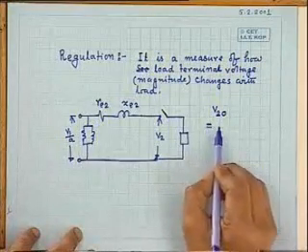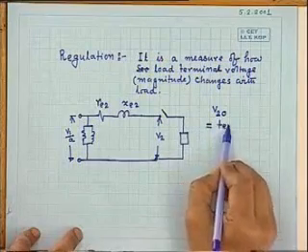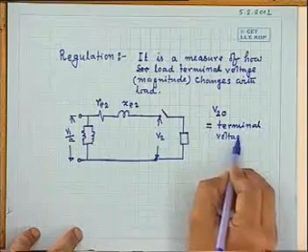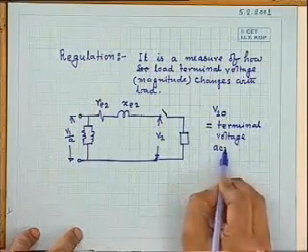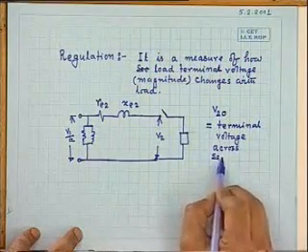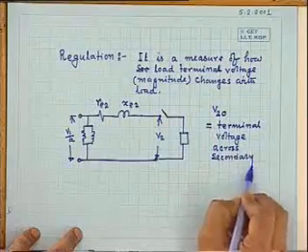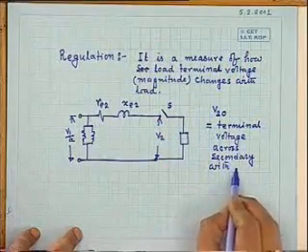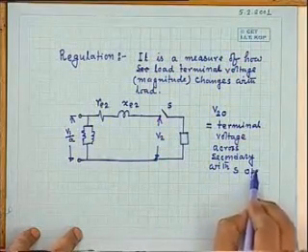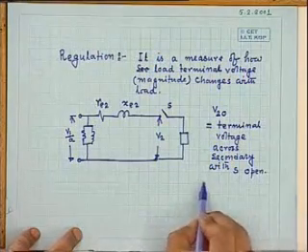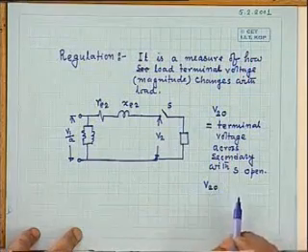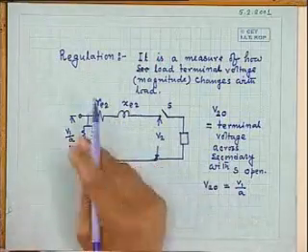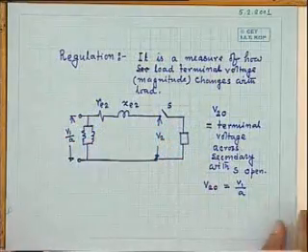So V20 equals the terminal voltage across the secondary with S open, and V20 obviously will be equal to V1 by A, because no current flows here. So this voltage and this voltage will be equal.